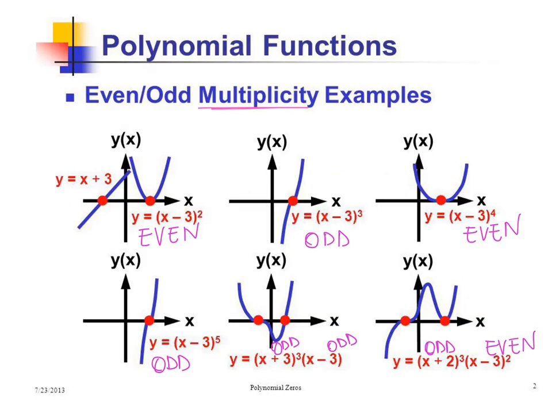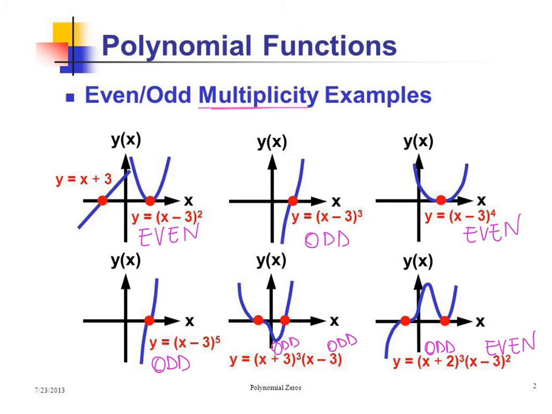So if we actually take a look at multiplicity a little bit closer, it actually has two defining characteristics. So multiplicity can be even or odd depending on the degree of the part of the function. So here we have an even multiplicity because of this power here, which is 2. Now when I look at that, I notice that it's going to touch the x-axis and go back up.